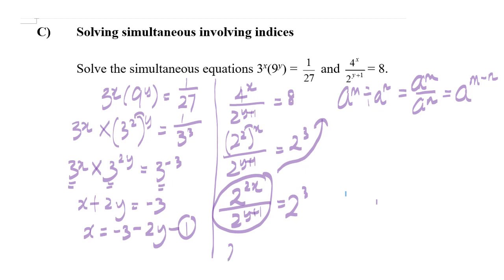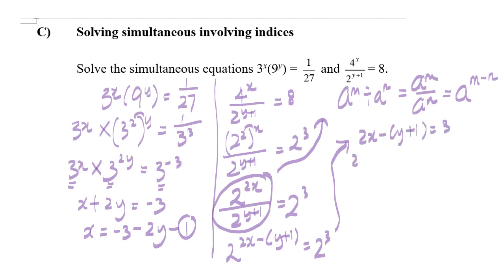So that gives me 2 to the power of 2x minus, make sure you bracket your y plus 1. It's very important. Let me repeat, bracket your y plus 1. Okay, now we have the same base on both sides. You can compare the exponents. The reason why I say it's important to bracket it is so that you will have to change the sign. Negative 1 times 1 gives you negative 1.